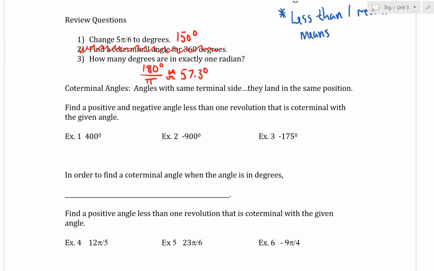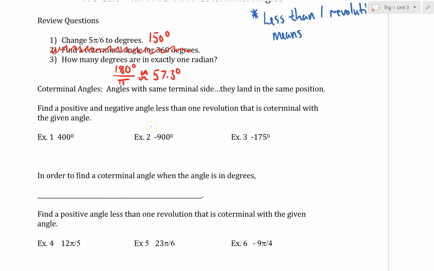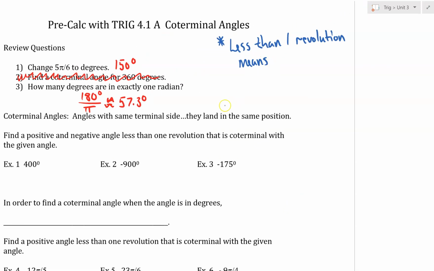Today we're going to talk about coterminal angles. These are angles with the same terminal side. They land in the same position. This first part, it's saying find a positive and negative angle less than 1 revolution that is coterminal with the given angle. When we say less than 1 revolution, I wrote this right up here and I'm going to finish it.